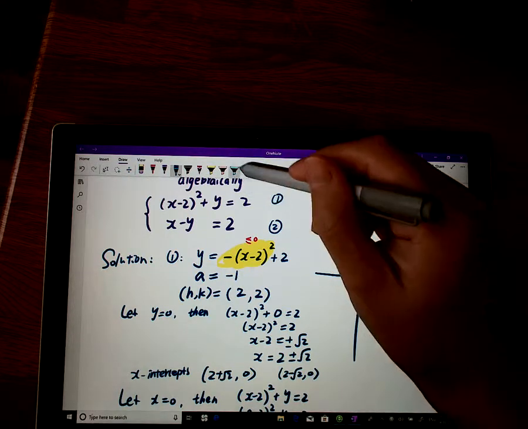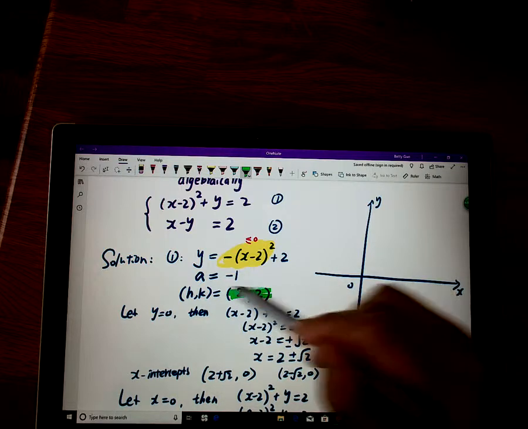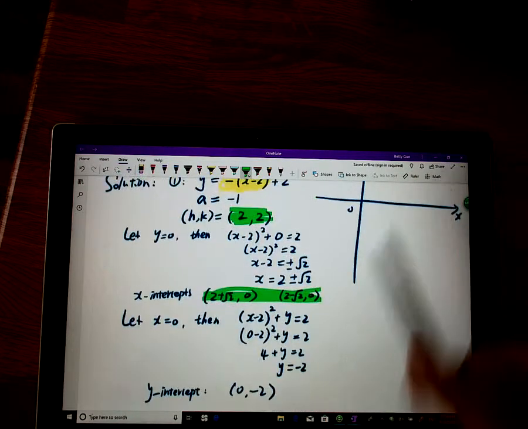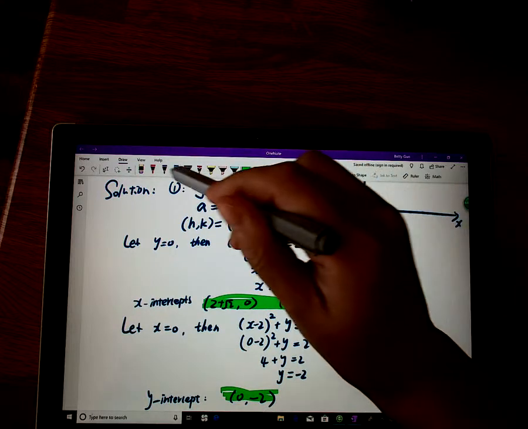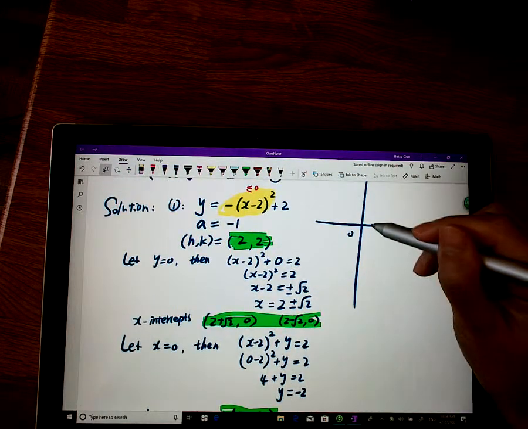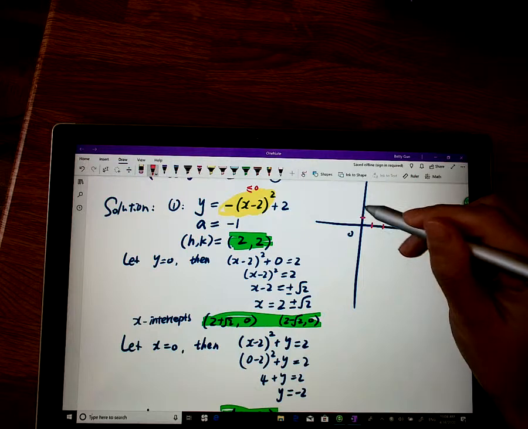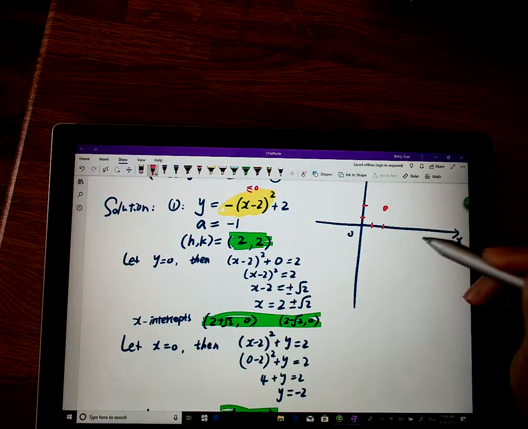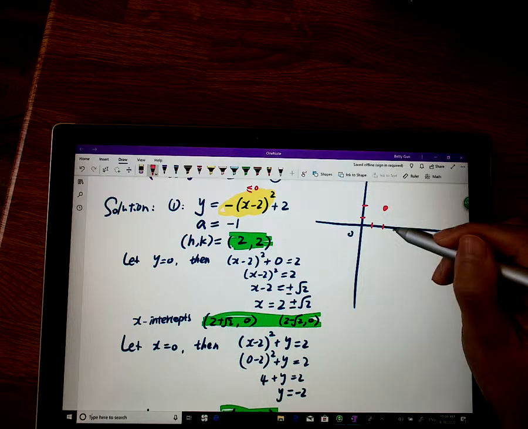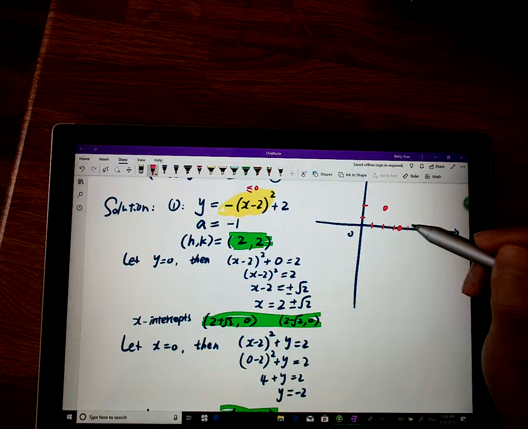Vertex. Where's the vertex? This is the vertex, (2, 2). X-intercepts, y-intercept. So let's find the location for them. Here. Remember, this is about 3.4. It's going to be here.